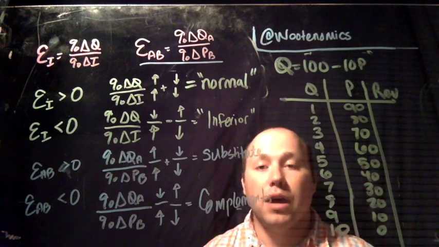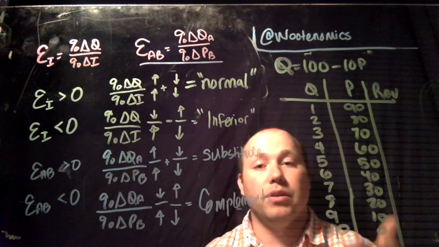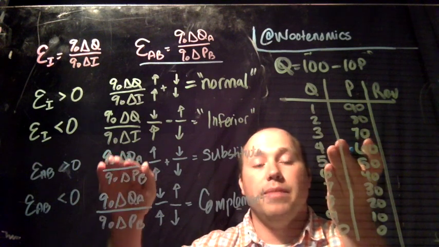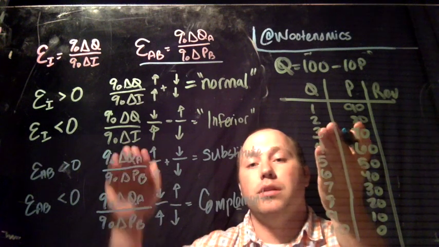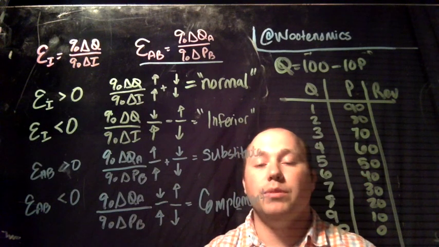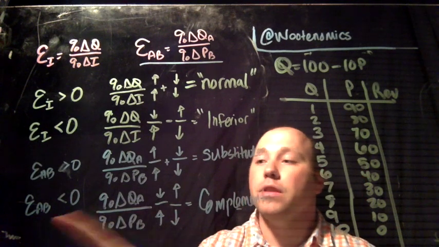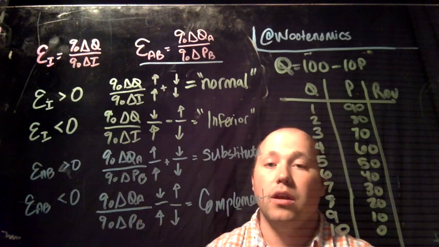Think of two complements that we usually eat together. Maybe it's chocolate and strawberries. As the price of chocolate increases, I demand fewer strawberries. As the price of peanut butter goes up, I demand fewer amounts of jelly. So complements are two items that we would consume together. They have a negative cross-price elasticity.